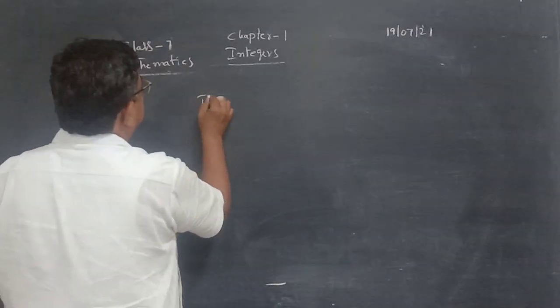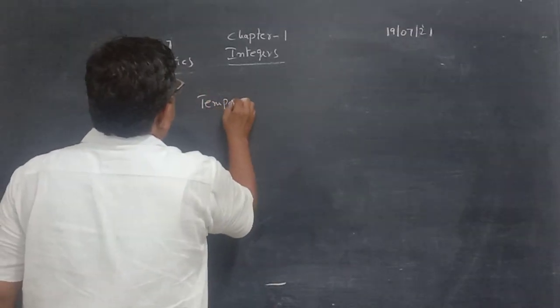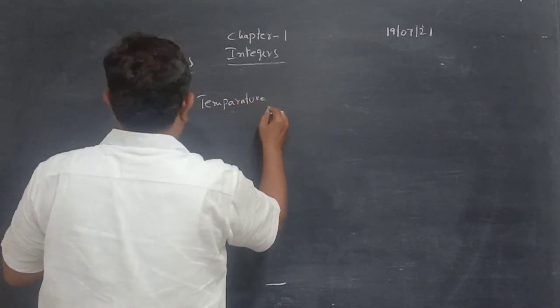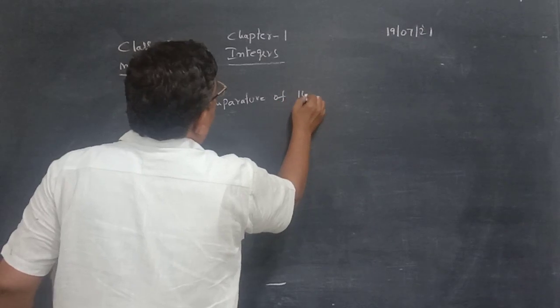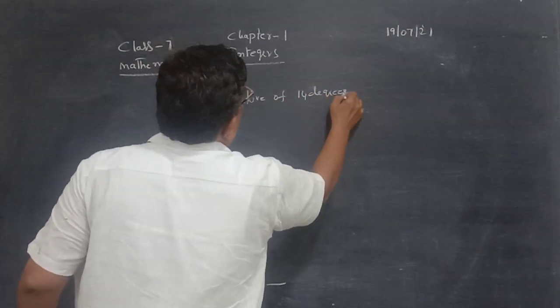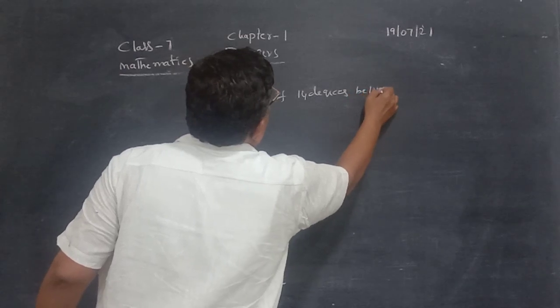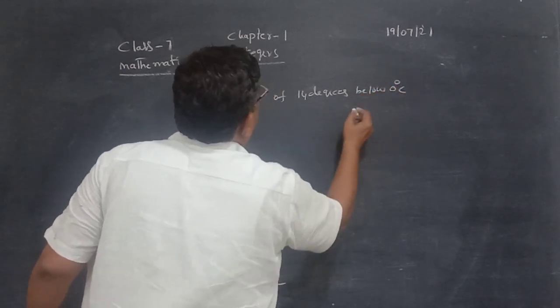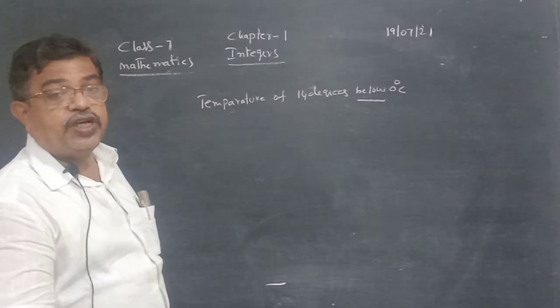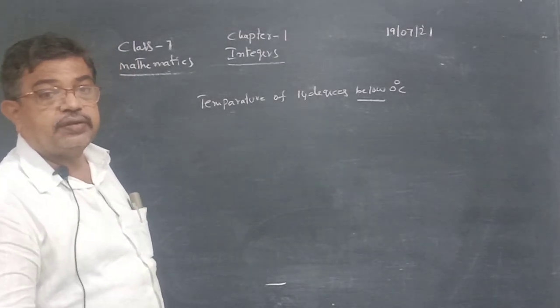Temperature of 14 degrees below 0 degrees centigrade. Below means minus. As I said, above is plus, below is considered to be minus.